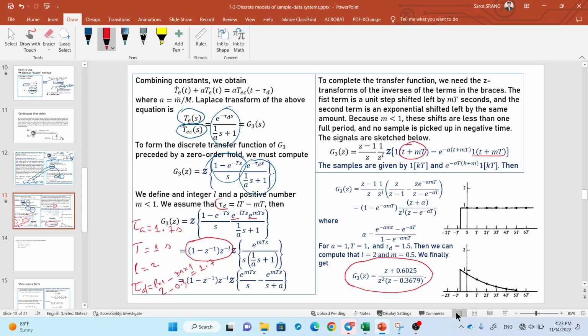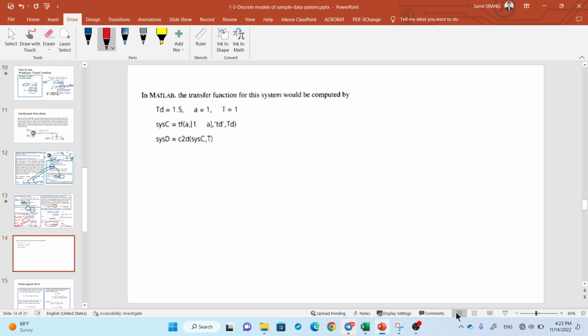All right. Yeah, again, it's easy to simulate it in MATLAB. You can easily impose delay to the system.